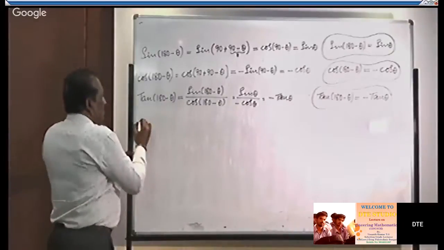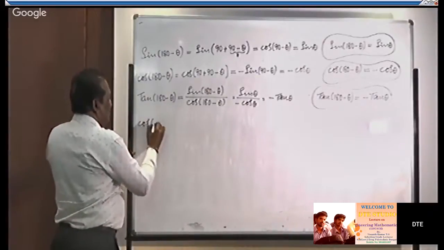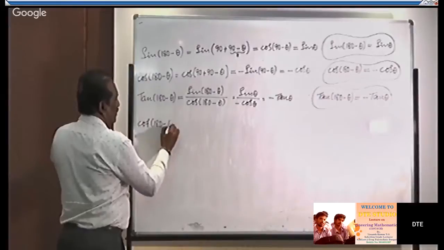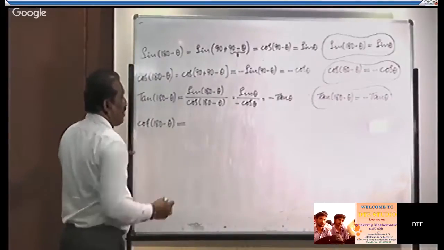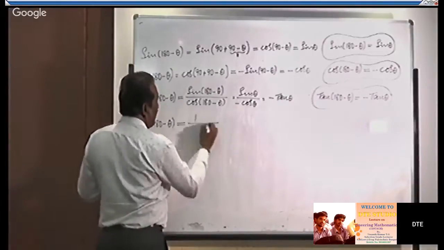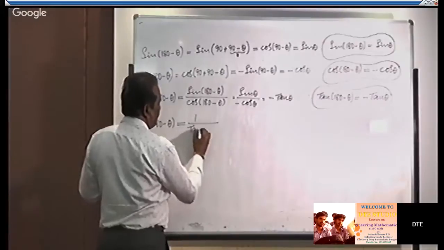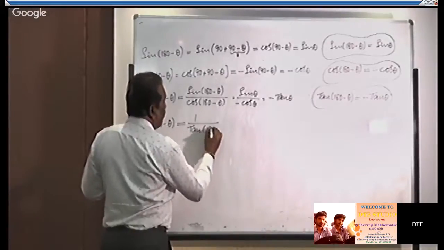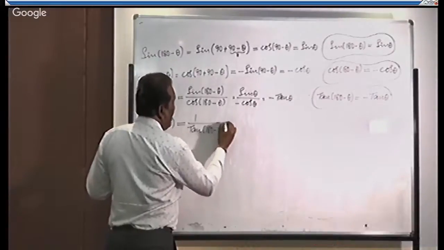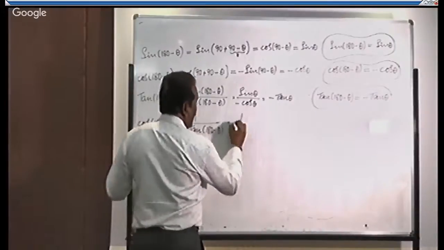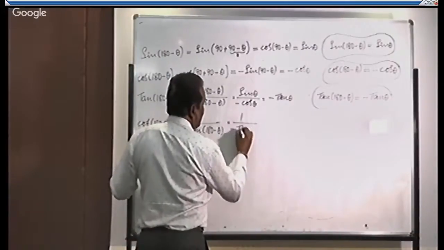Now, cot theta is a reciprocal of tan. Therefore, it is 1 by tan. But we proved just now that tan of 180 minus theta is minus tan theta.